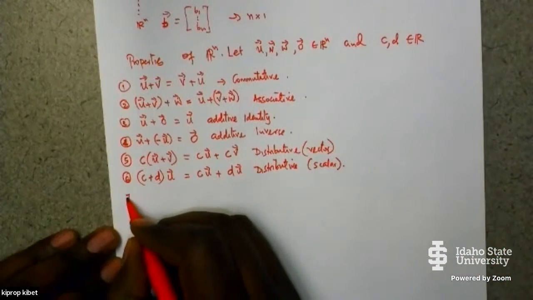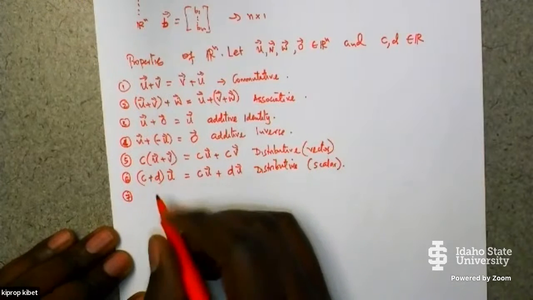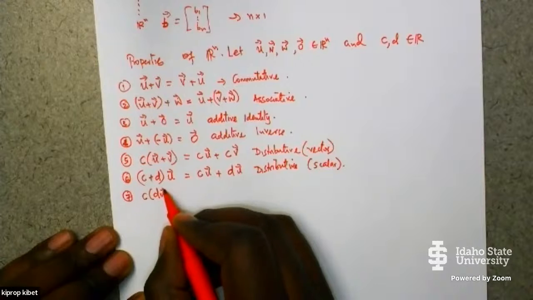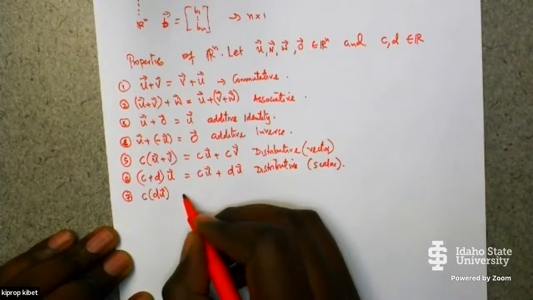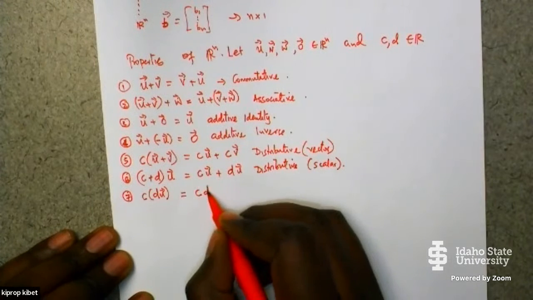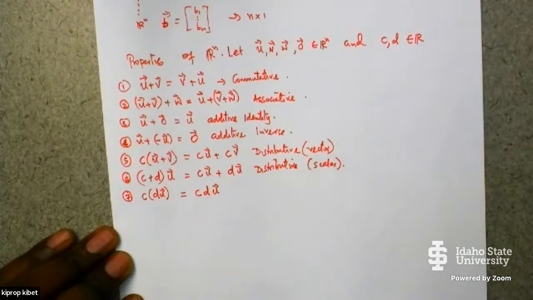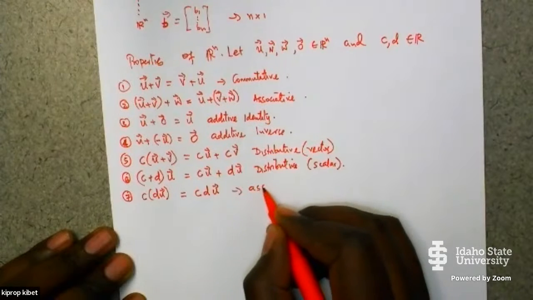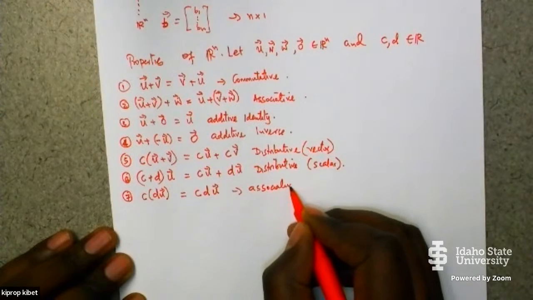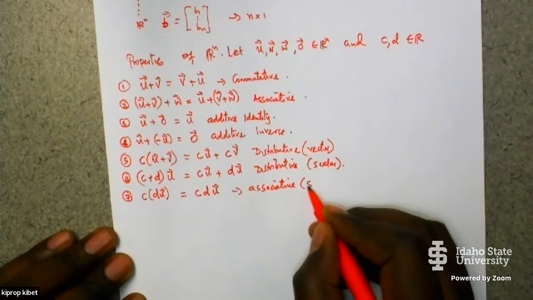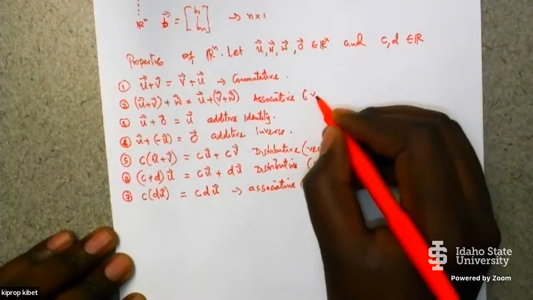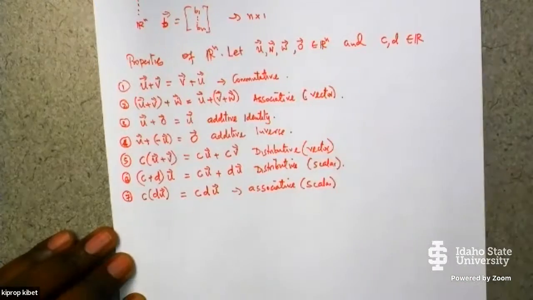Number 7: if you multiply c by du, then this is similar to cd times u. This is associative, but in terms of the scalar. The earlier one was in terms of the vector.